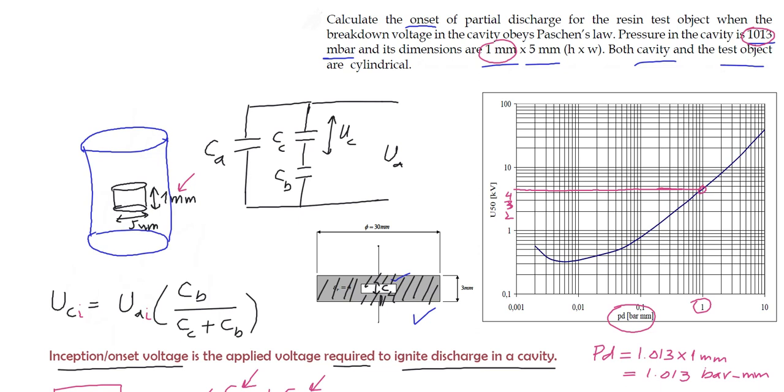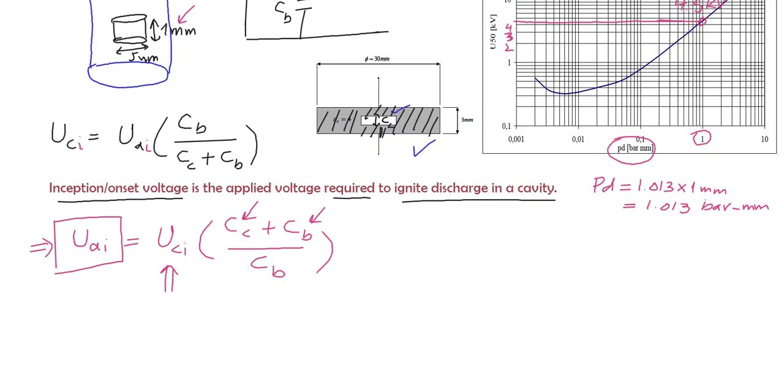So the breakdown voltage at this point is 4.5. Breakdown voltage of what? Breakdown voltage of the cavity, because this graph shows the breakdown voltage of the cavity as a function of PD. So the breakdown voltage will be 4.5 kilovolt in the cavity.